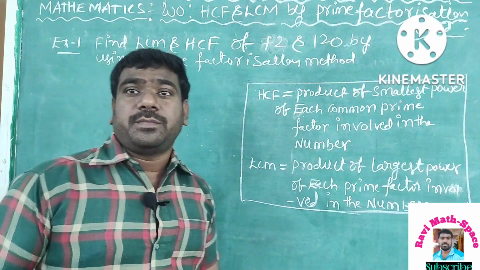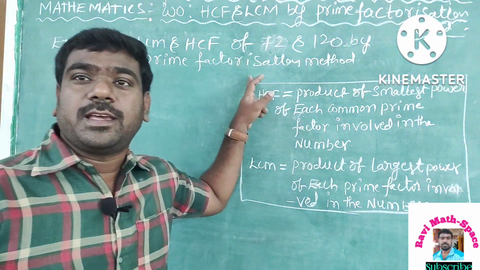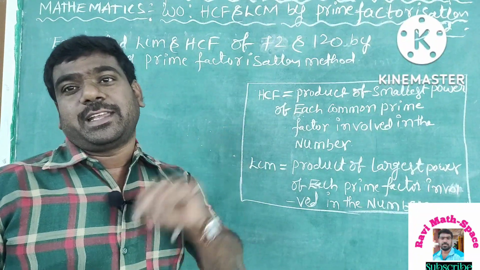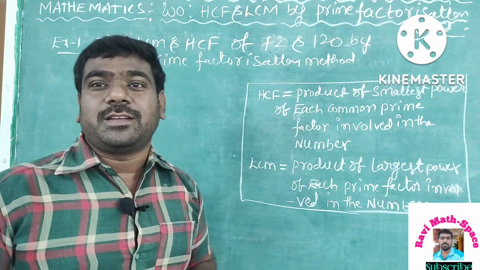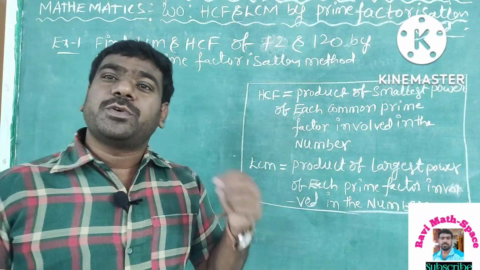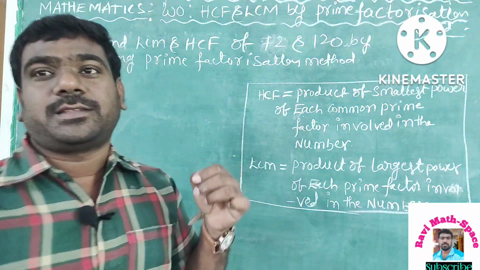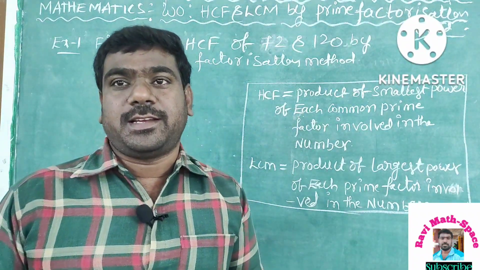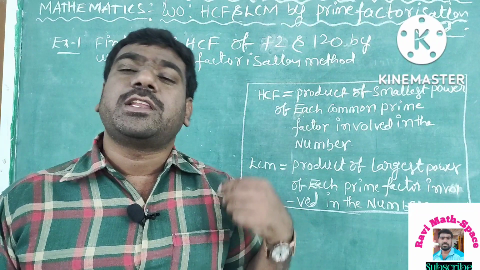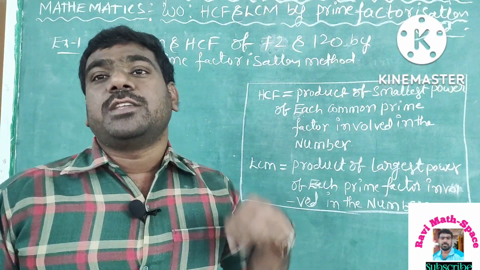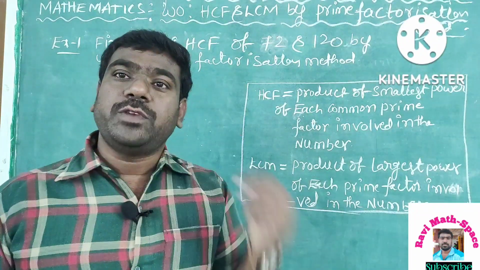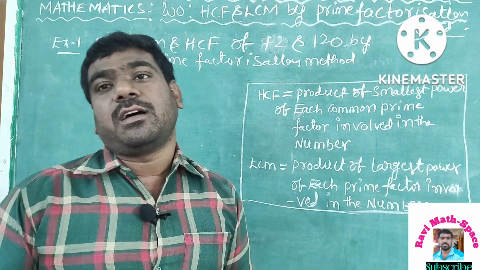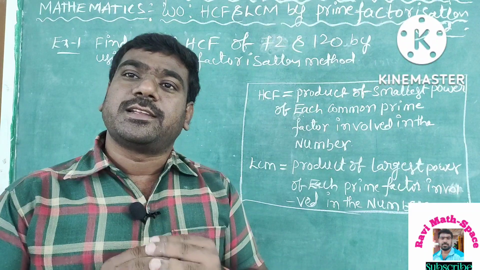Prime factorization means what concept do we have to apply here? We have to apply the fundamental theorem of arithmetic. What is its meaning? Every composite number can be expressed as a product of its prime factors, and this prime factorization is unique, apart from the order in which the prime factors occur.